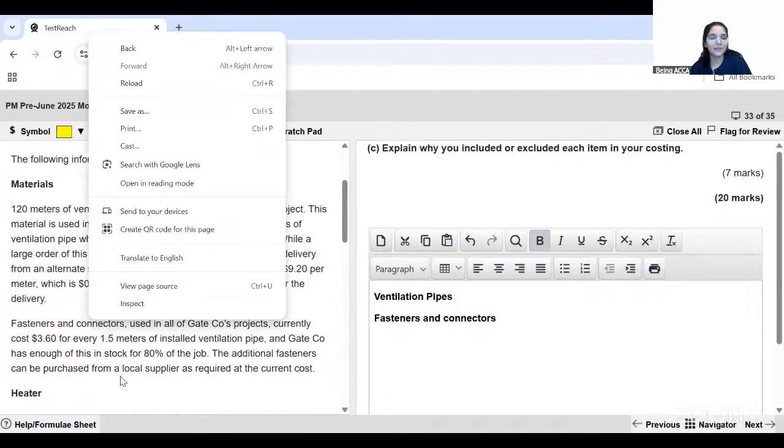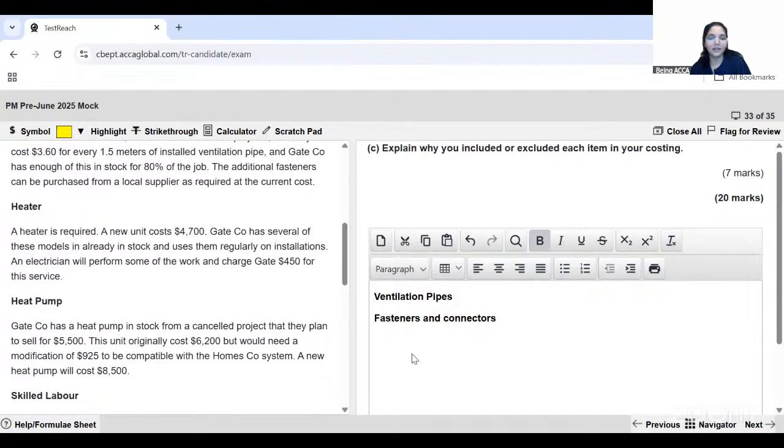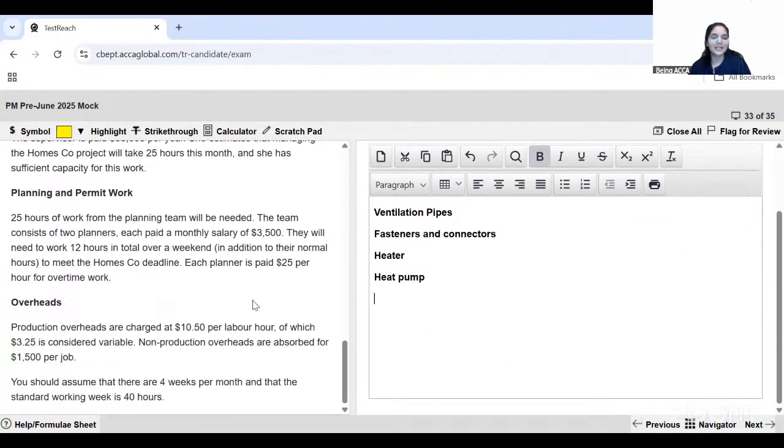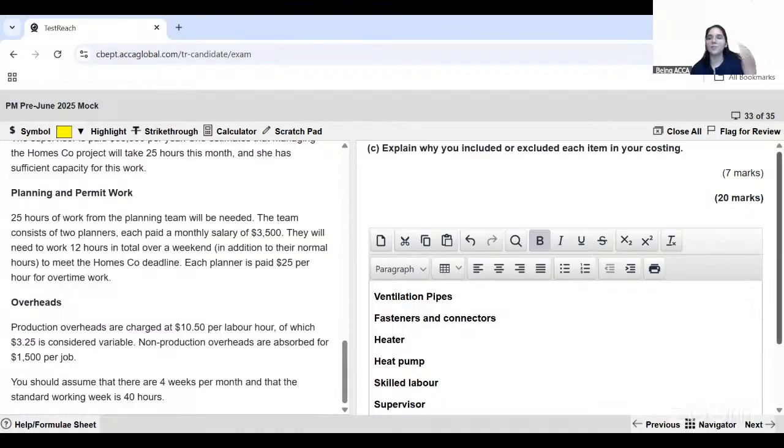Then we have information about a heater, heat pump. And then we have about skilled labor, supervisor, planning and permit work. And then we have something about the overheads. So these are all the items which I'm supposed to talk about.